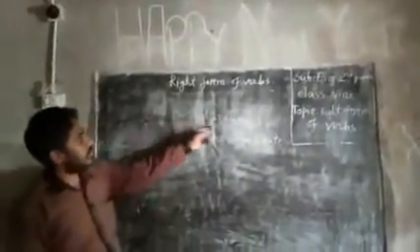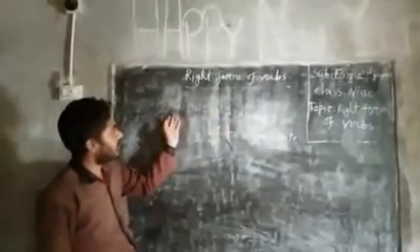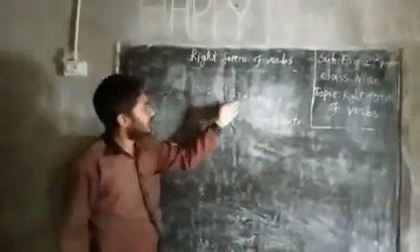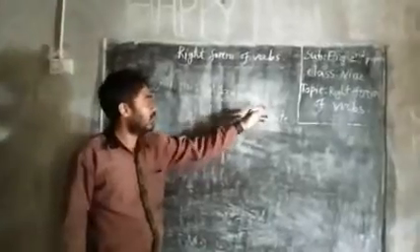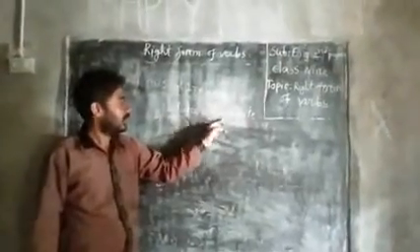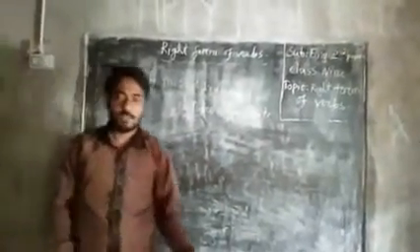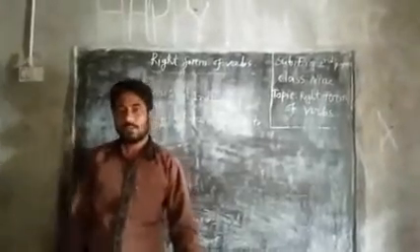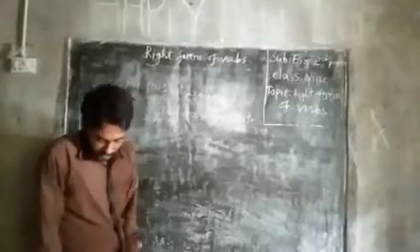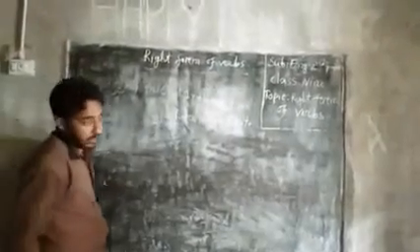Dear learners, the format of this sentence or structure: if plus present indefinite, that means V1 form of verb, plus future indefinite. That means subject plus shall/will plus V1 form of verbs. Now I will show the examples for your better understanding.